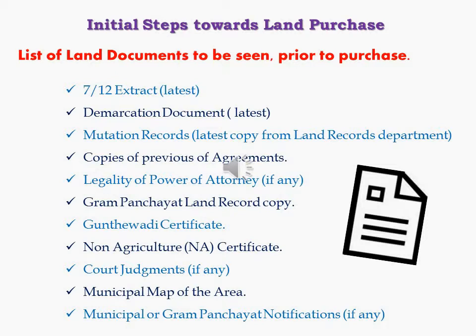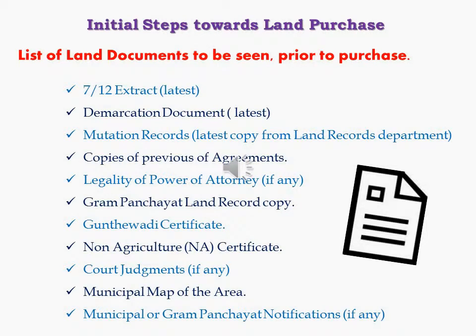One of the first very important documents that is to be seen is called the 712 extract. In Hindi it's called Satbara, and this is one of the very basic documents which shows various names of how the land has moved from the original owners to the current owners.